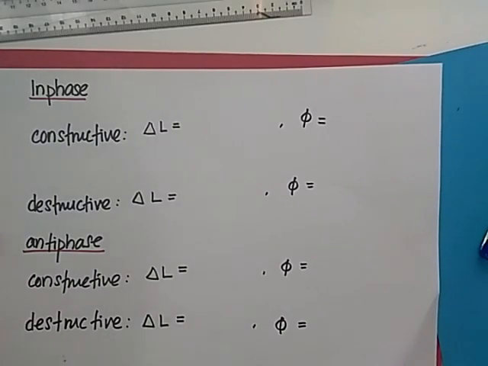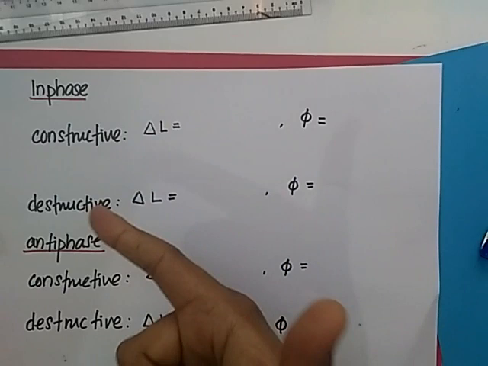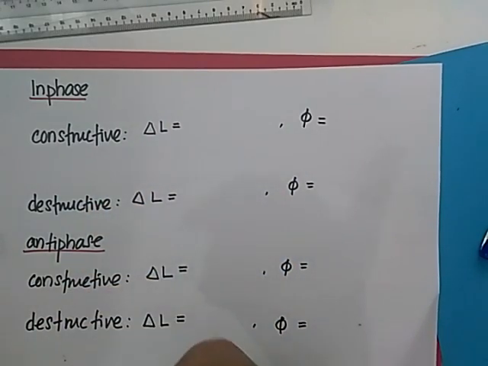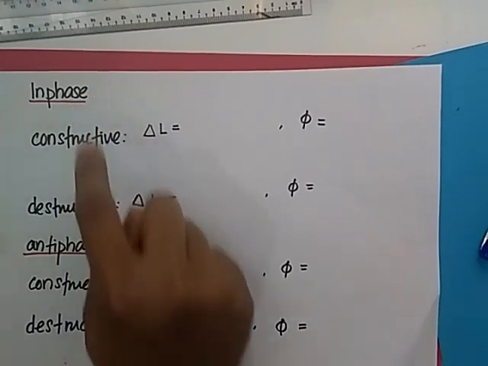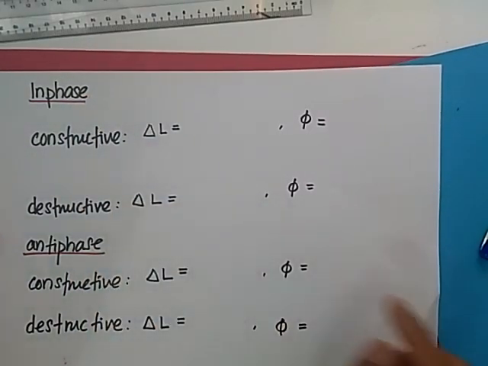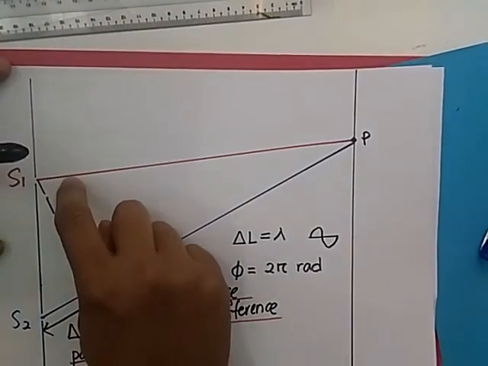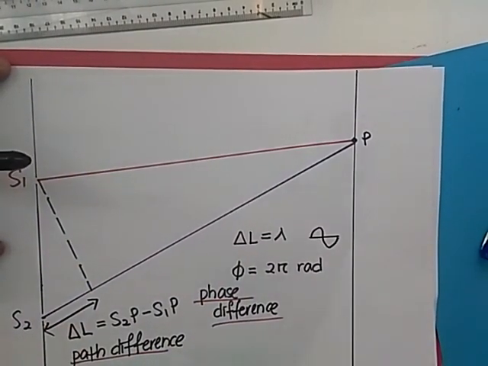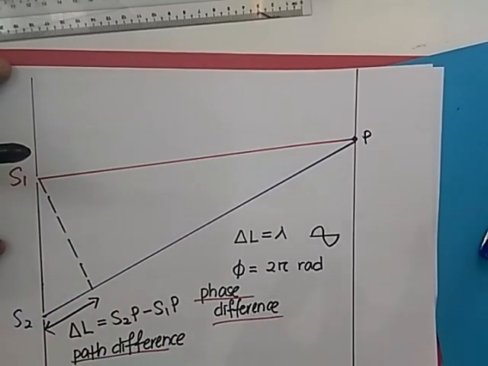Bincang dalam learning outcome seolah-olah ada dua saja. Yang ini constructive dan destructive. Tetapi jangan lupa bahawa case kita boleh jadi in phase dan juga anti phase. Dua source yang saya lukiskan tadi, S1 dan S2 boleh jadi in phase sefasa dan juga S1 dan S2 boleh jadi anti phase.